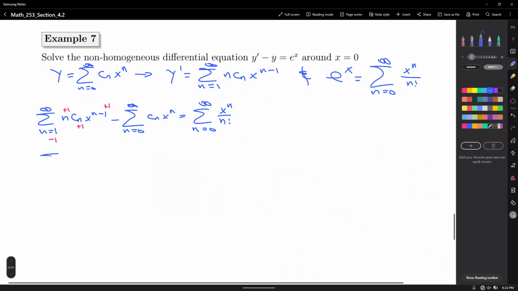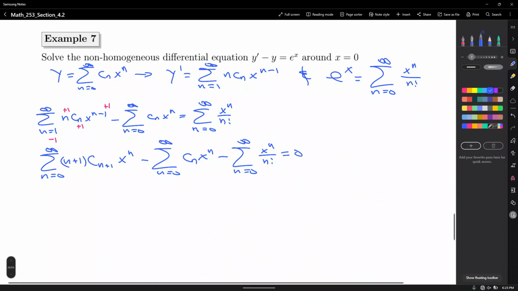Okay, that is sigma n equals 0 to infinity (n plus 1) c sub n plus 1 x to the n minus sigma n equals 0 to infinity c sub n x to the n minus sigma n equals 0 to infinity x to the n over n factorial, and let that be equal to 0.